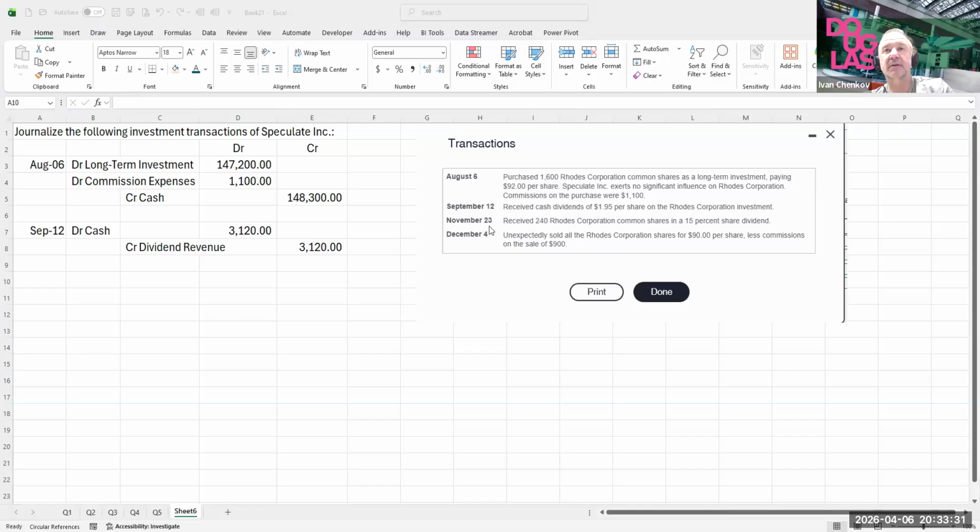On November 23, this company received 240 Rhodes common shares in a 15% share dividend. That's something new. Now you're getting the share dividend, 240 shares.